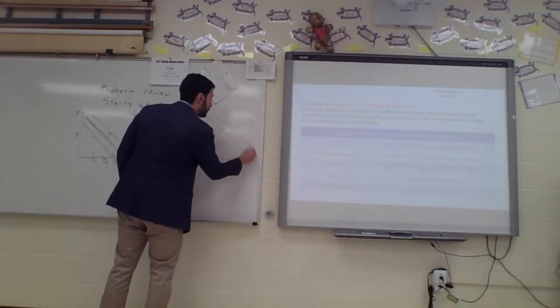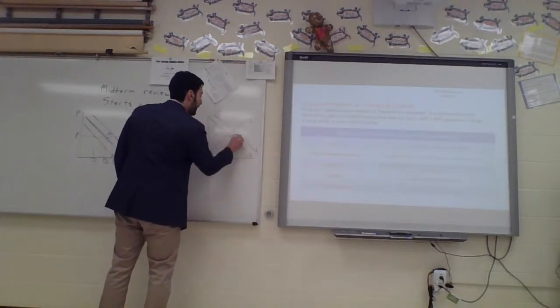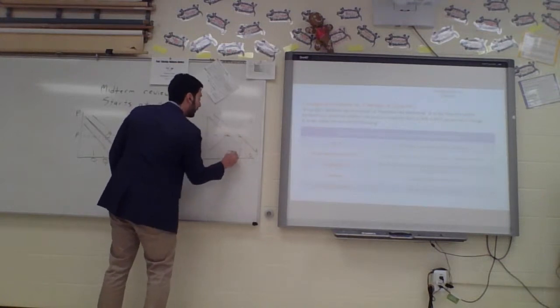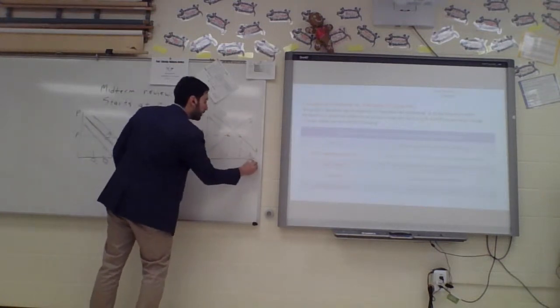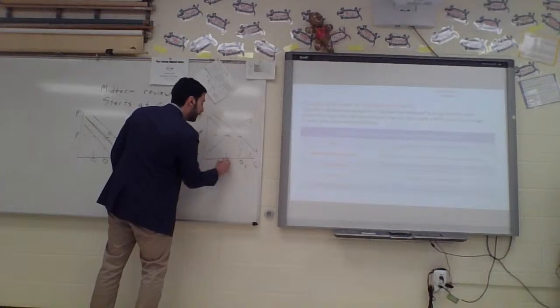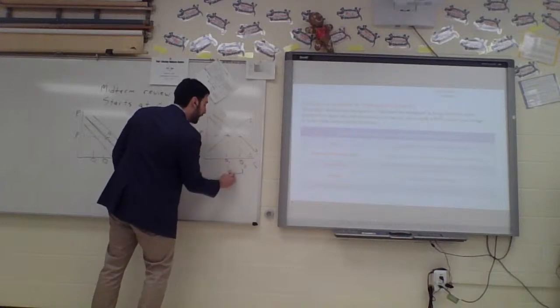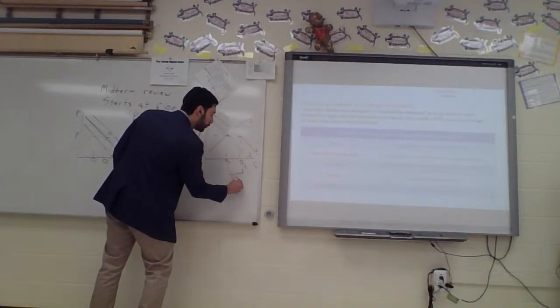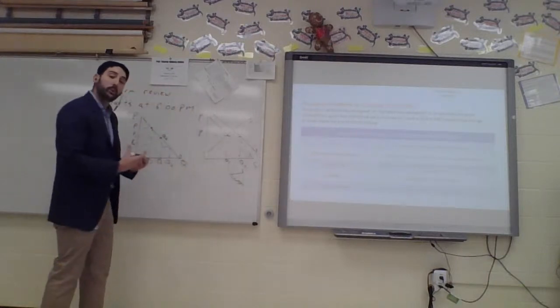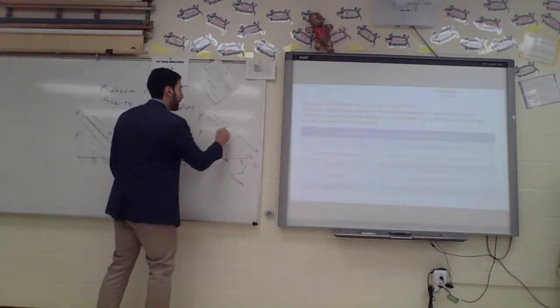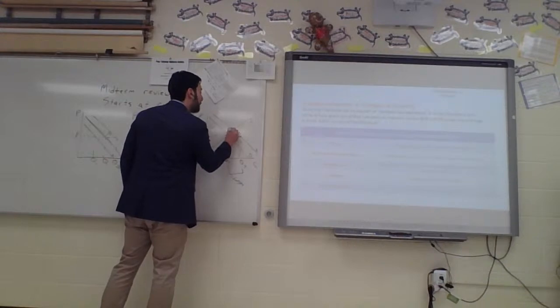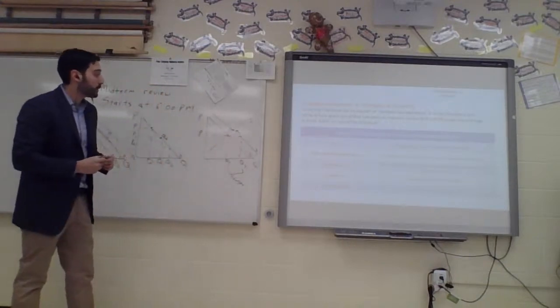If we increase the demand, at the original price the quantity demanded will be greater than quantity supplied, and that will cause a shortage. How do we solve shortages? We raise the price, and the price will go up until we meet a new equilibrium point.